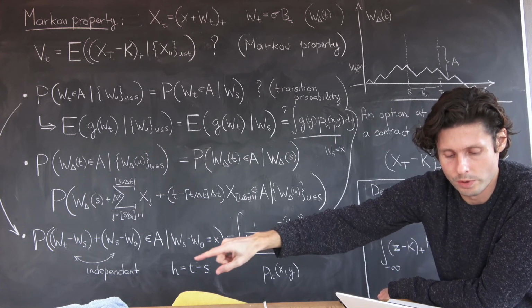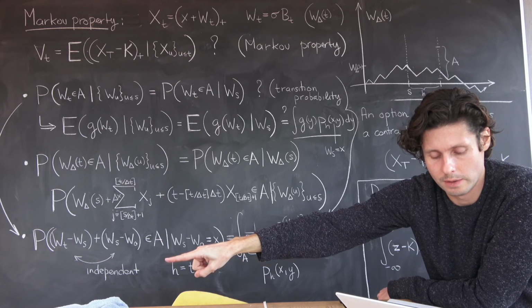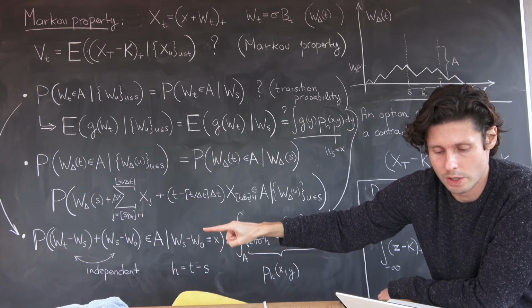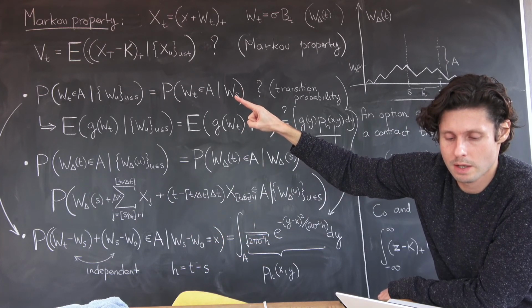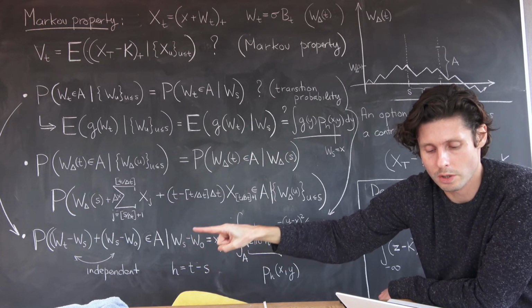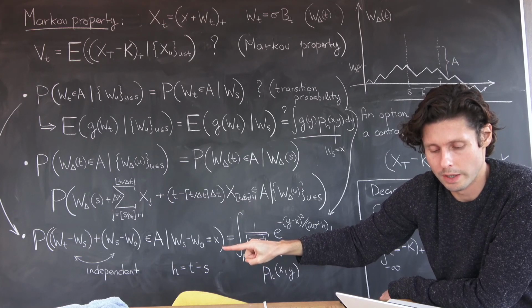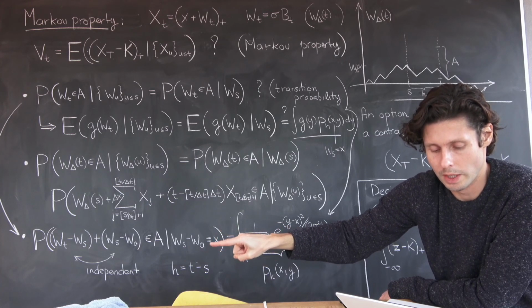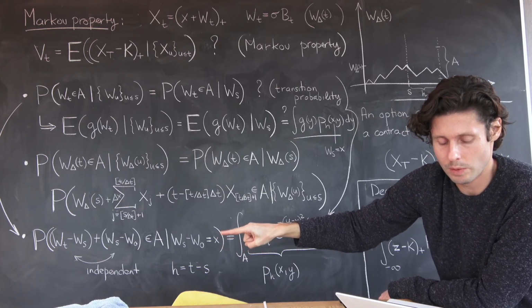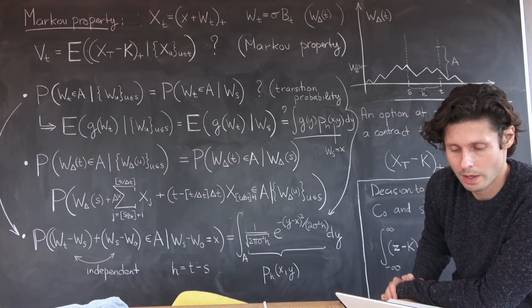The reason for doing this is because we know the Brownian motion increments are independent, and so that's a sum of two independent things. And I'm also conditioning on w_s, but that's equal to w_s minus w_0, which is another increment. And because I'm conditioning on it, I can claim to know what the value is, or I can just say suppose we're given that it's equal to x, what is this probability then?